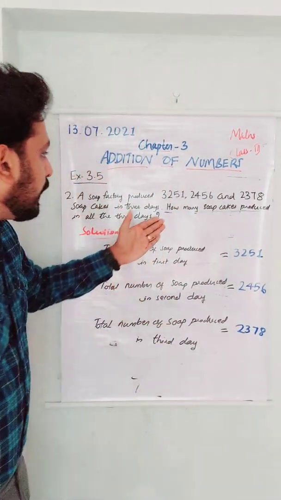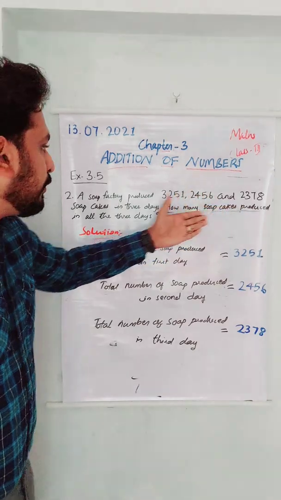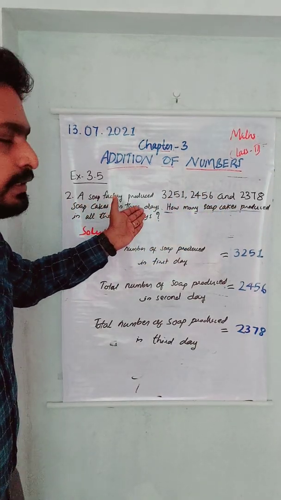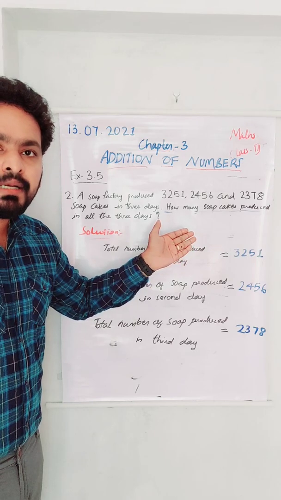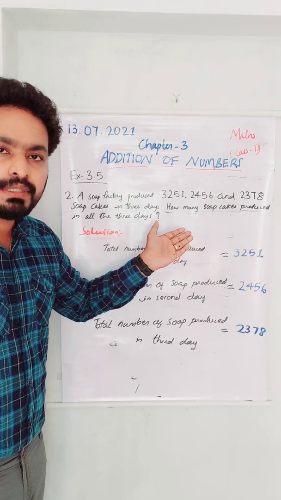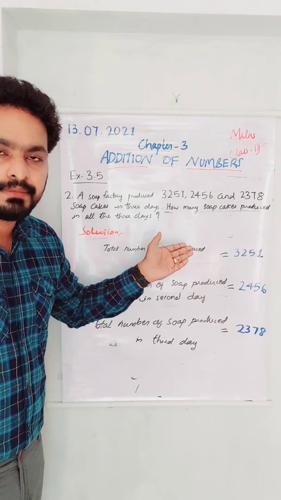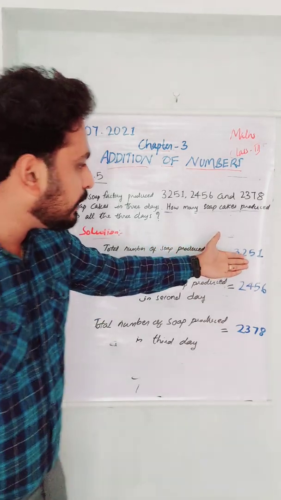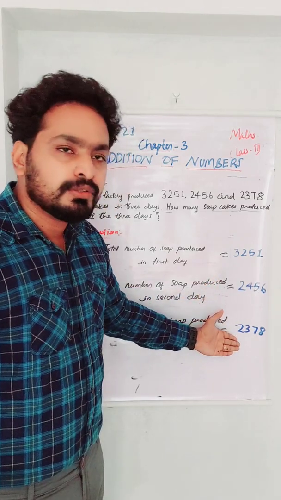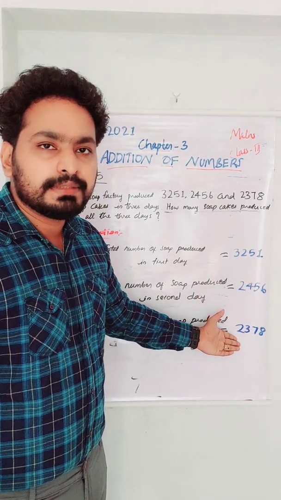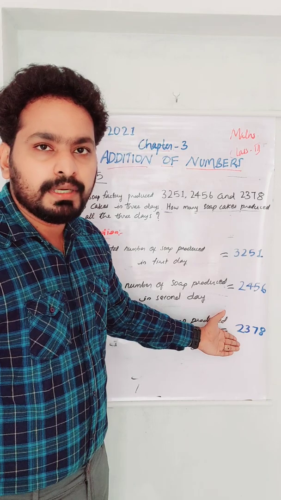So what is our last step? That is how many soap cakes produced in all the 3 days. So our last step is total soap produced in all 3 days. That is 3,251 plus 2,456 plus 2,378. Got it?